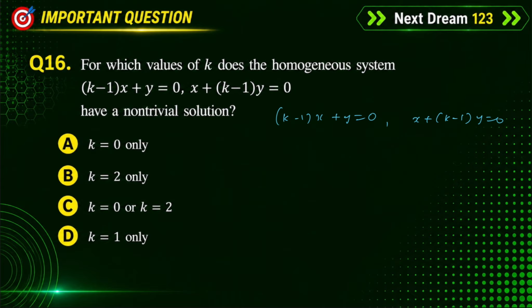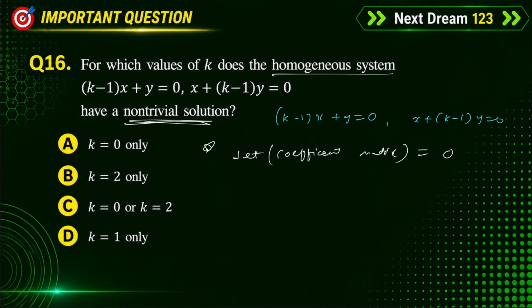And one more thing, if it is a homogeneous system and I have a non-trivial solution, you should always remember, the determinant of the coefficient matrix must be 0. This is the standard result you should remember.